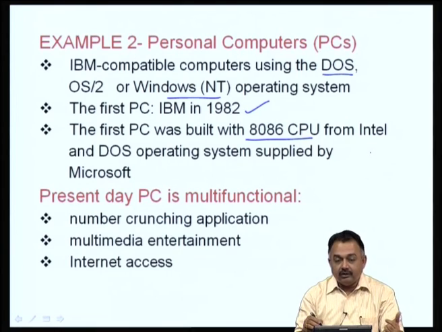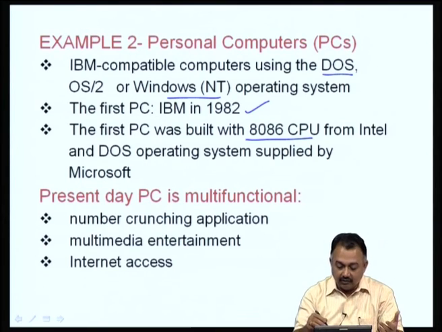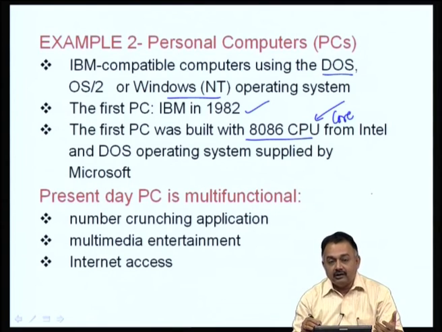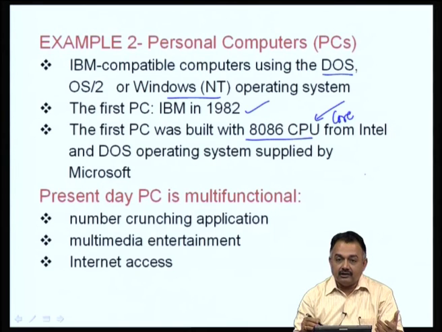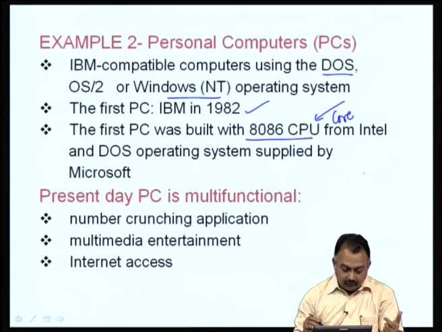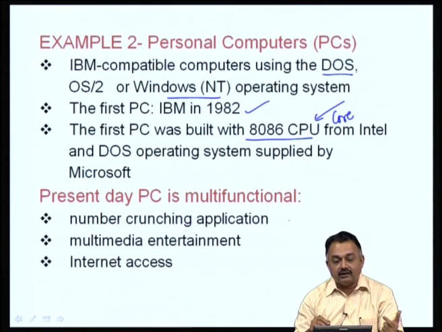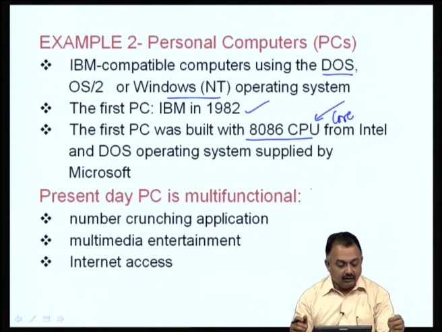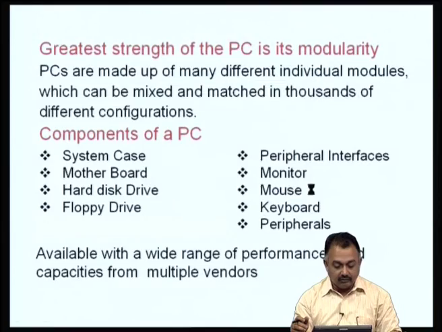I also showed you how Intel microprocessors have currently used 45 nanometer technology to bring about core processors, with very high performance, large die size, but at the same time millions of transistors being packed into the die. Present day PC is multifunctional. We require a lot of activities, a lot of calculations, internet access, and various other interfaces are being used.